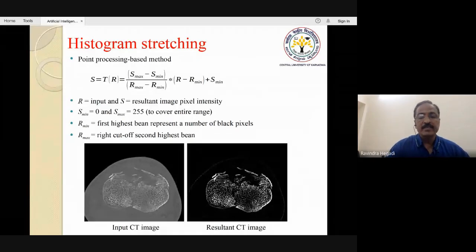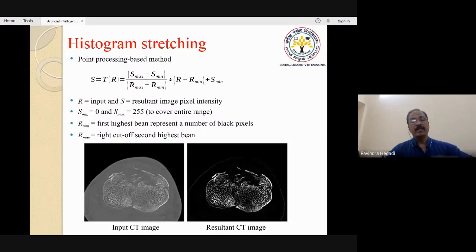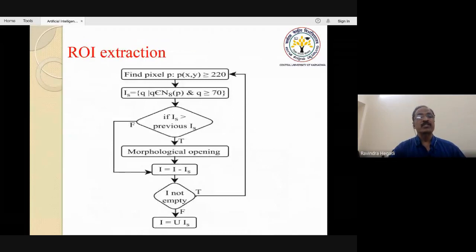You can see the result: the input image is a low contrast image, and after performing histogram stretching, the background has gone. Only the bony part is quite visible, and clearly so. This will help us in analyzing the bony part, and the rest of the background is totally missing from this image. This is the advantage of conducting the pre-processing stage.